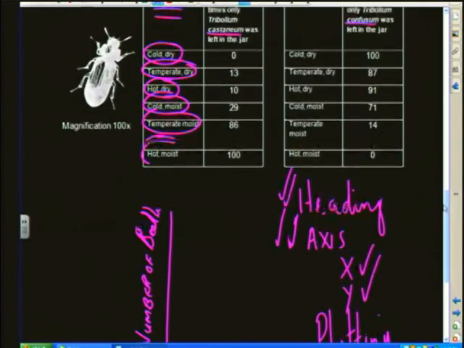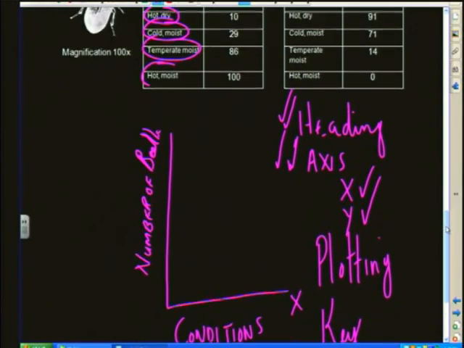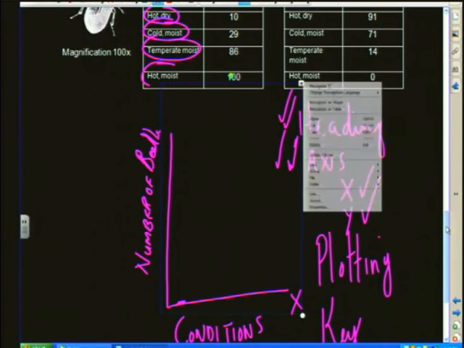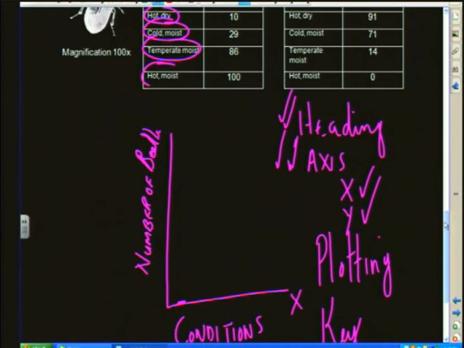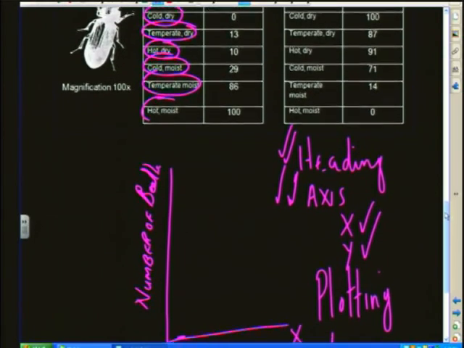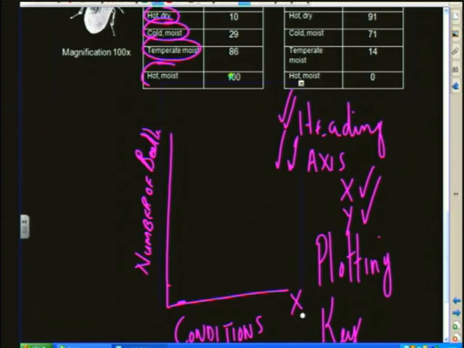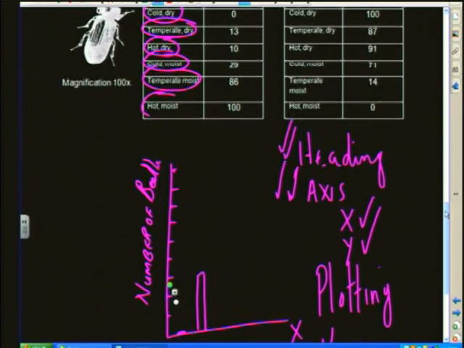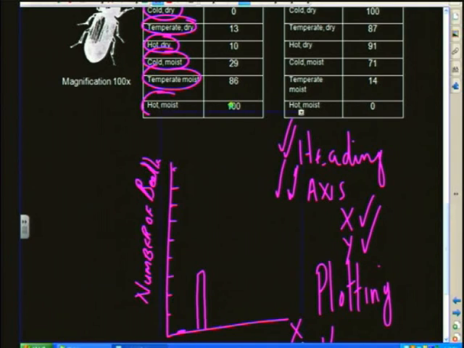So we're very quickly going to say cold and dry. For cold and dry there was nothing, so I'm going to put that down there. Then for the next one, temperate and dry, there was probably 13, so we have to decide on a scale that is appropriate. I'm going to use a very rough scale: 5, 10, 15. We're going to use that, and we get 10 on the next one.